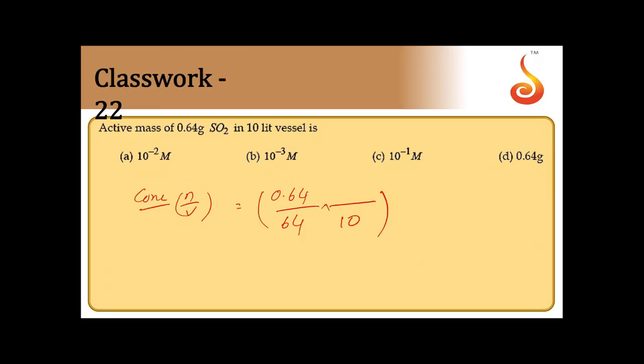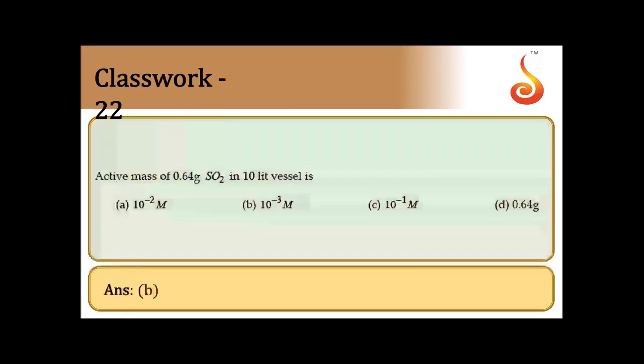So which comes to 10 to the power of minus 3. So the answer is option B. Active mass means molar concentration expressed in terms of moles per liter.